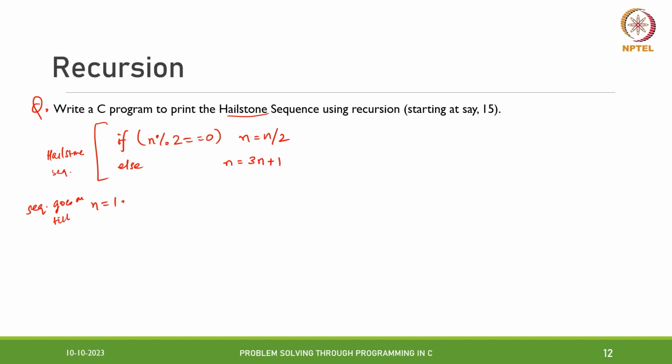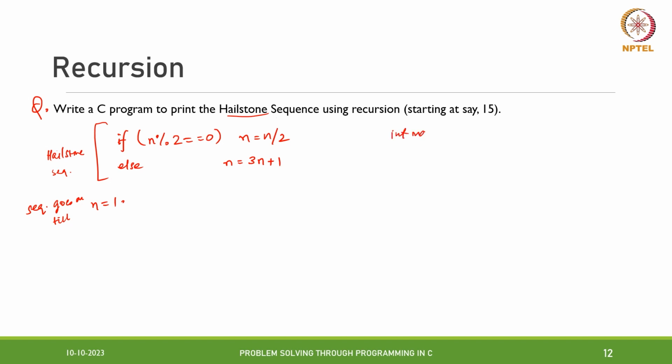At the point that n becomes 1, it will stop. Until it is greater than 1, it will keep going. The last value of the hailstone sequence will always be n equals 1. Now let's try to write a recursive function for this.